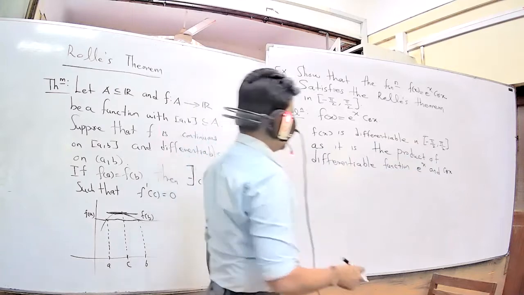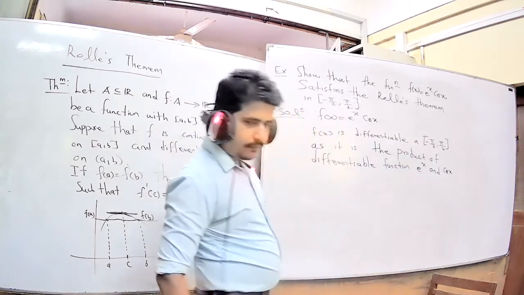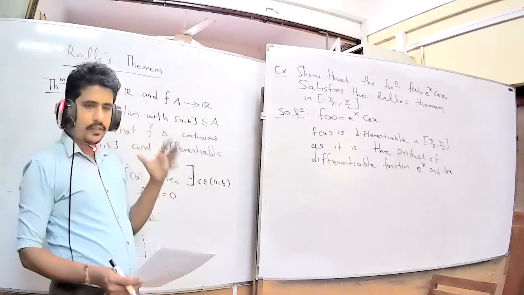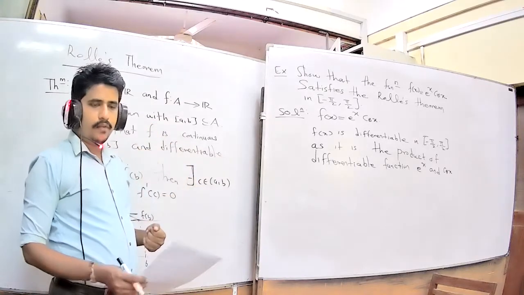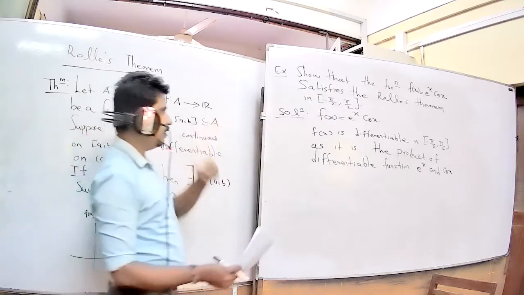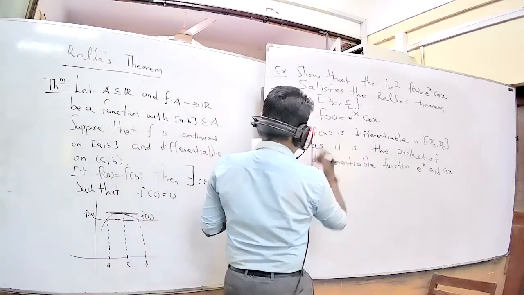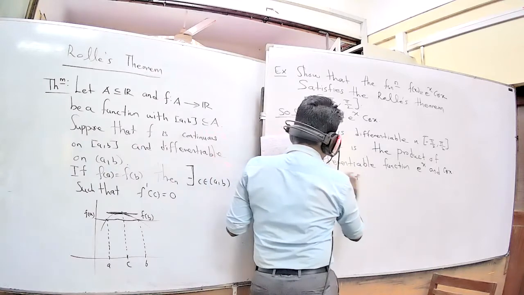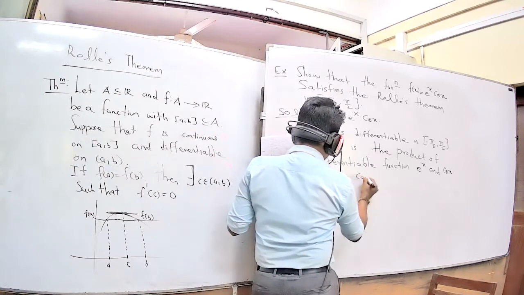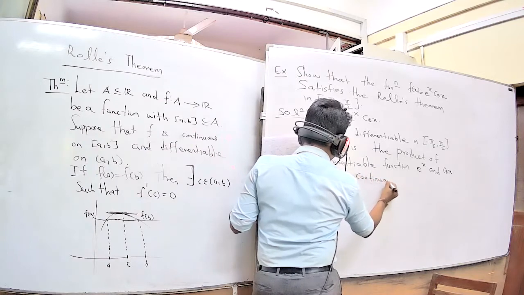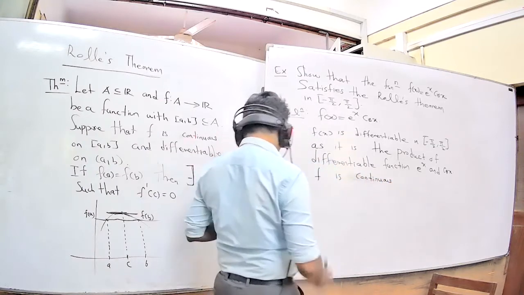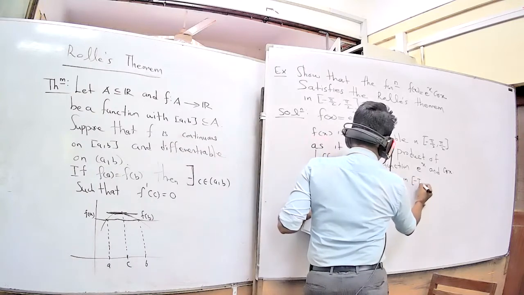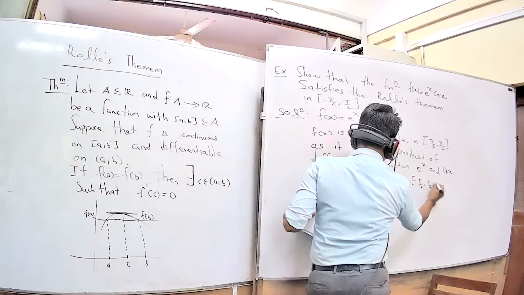I already told you, suppose f is differentiable, this implies f is continuous. Therefore, obviously this f is continuous because the derivative exists. Therefore, f is continuous in minus pi by 2 to plus pi by 2.